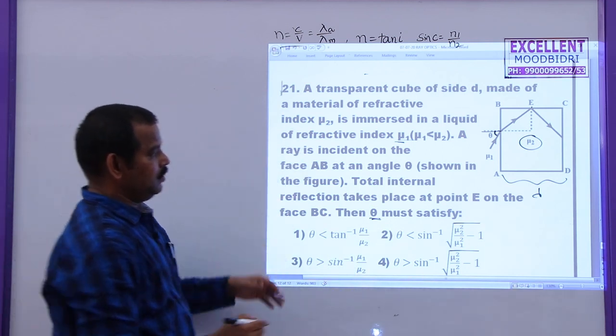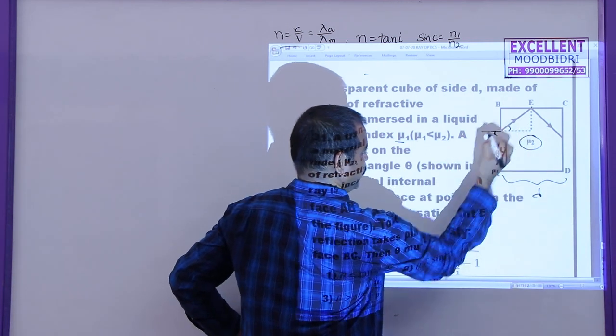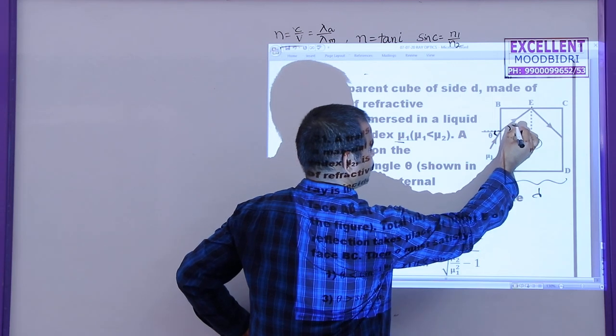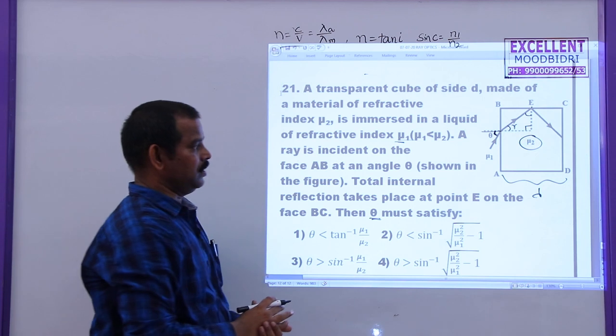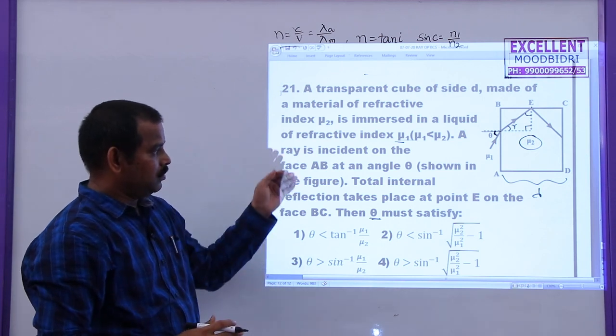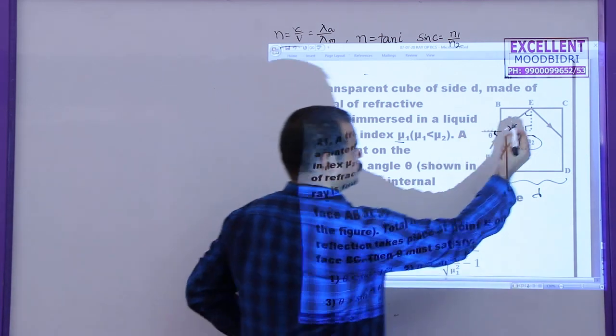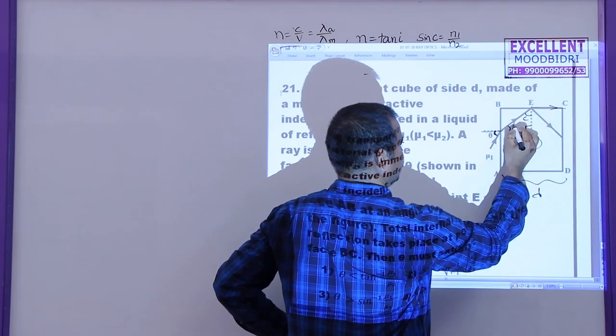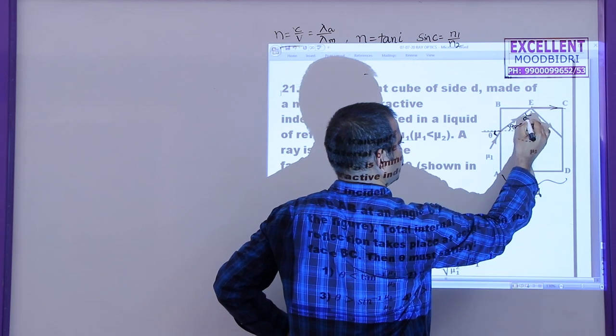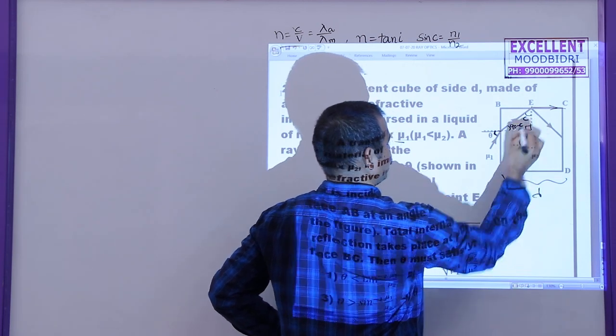First of all, if this angle is theta and this angle is R, then this angle will be 90 minus R. If the light ray grazes the surface, R becomes the critical angle C, so this will become 90 minus C in this triangle.